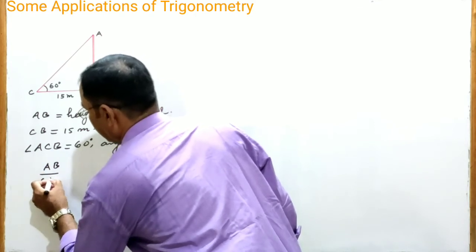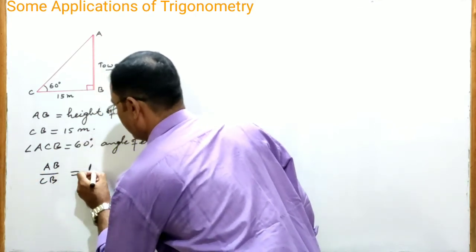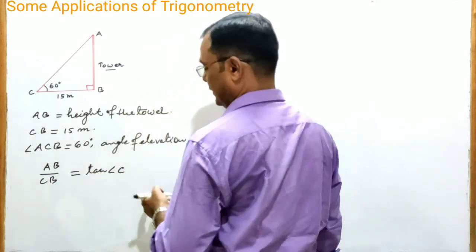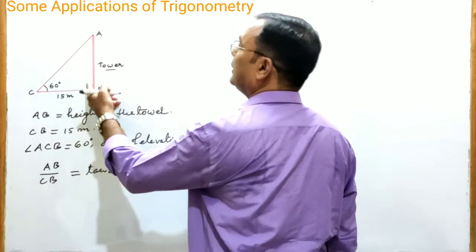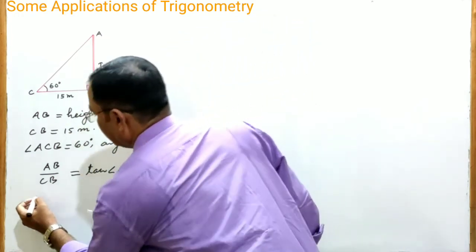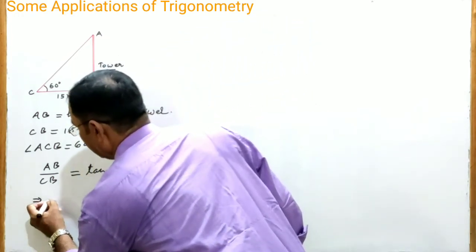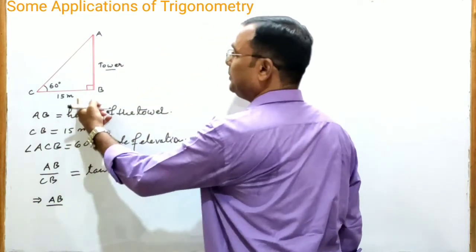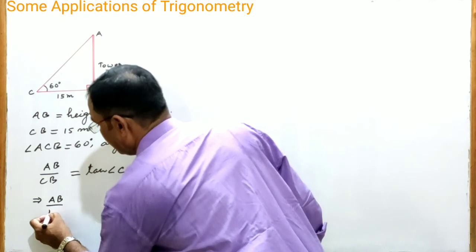C is an acute angle of this right angle triangle. AB is the height of the tower that we have to determine. CB is given as 15 meter.